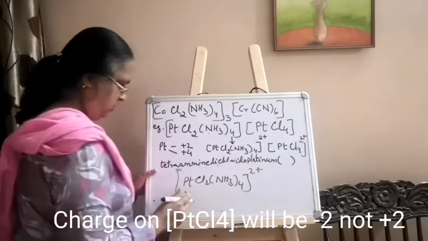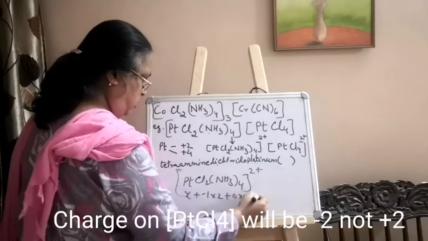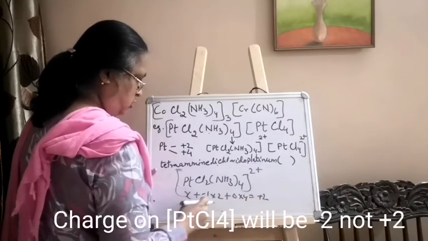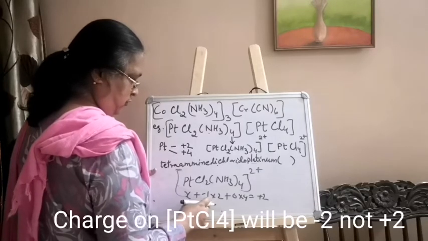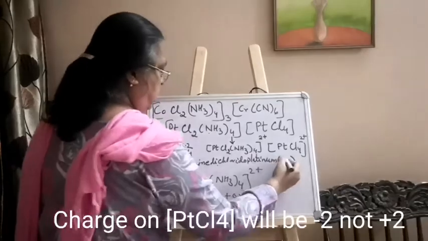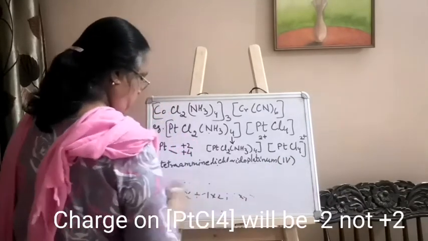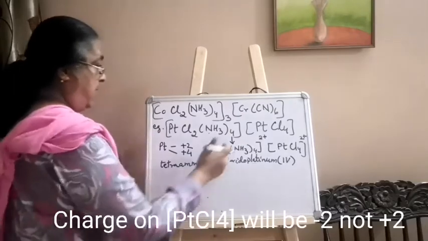So we can calculate x minus 1 into 2 plus 0 into 4 is equal to plus 2. So plus minus 2 will go that side, so it will become 4. So here oxidation state is 4. And this part is done.